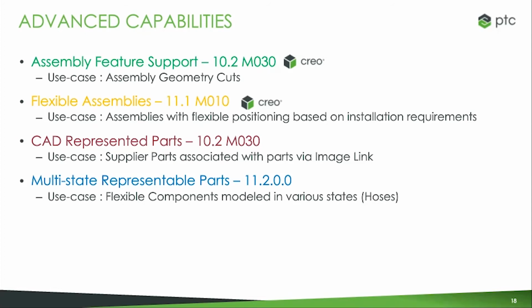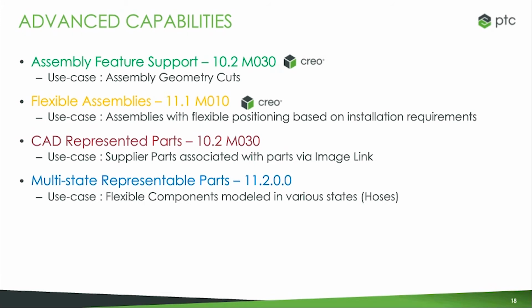So maybe these are installable components that, based on the installation, you have to change where they're located. Both of these are features specific to Creo, not specific from a Windchill perspective, but at the moment we're only exposing this for Creo published data. We do have plans to open that up to CATIA V5, NX, and SolidWorks in the future, but at the moment these are specific to Creo.